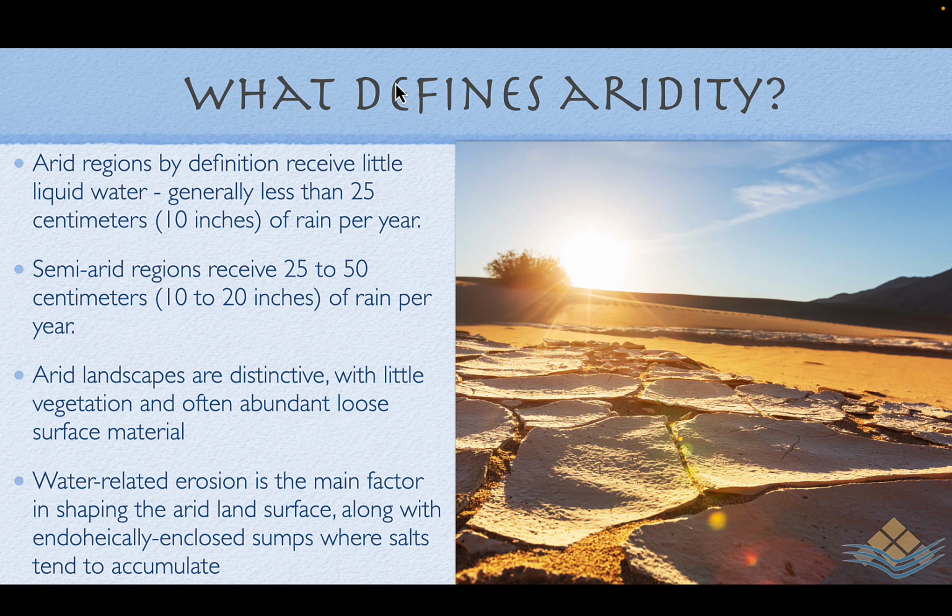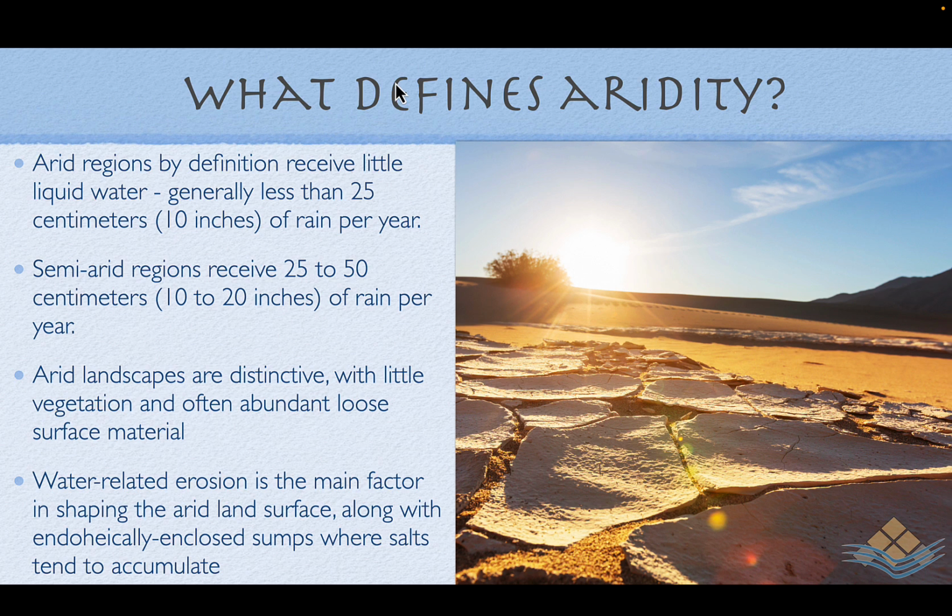So what is aridity? Well, arid regions are defined as regions that have little liquid water in the environment. Typically, we have precipitation of less than 25 centimetres or 10 inches of rain a year. The semi-arid regions receive between 25 and 50 centimetres a year. Arid landscapes, because of this, are quite distinctive.